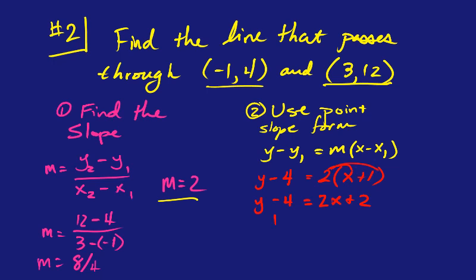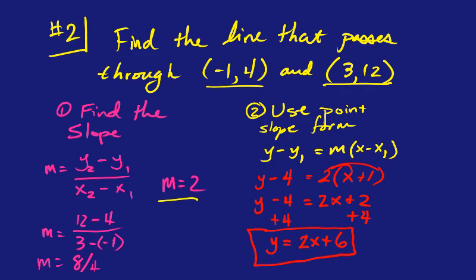Then we add the 4 over, do the opposite, to get y by itself. So y equals 2x plus 6. And there's the equation of our line. This is the answer we're looking for. It's got a slope and a y-intercept, and we can graph it on a coordinate plane if we wanted to.